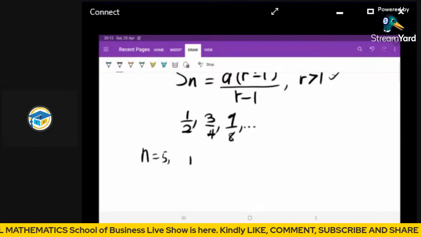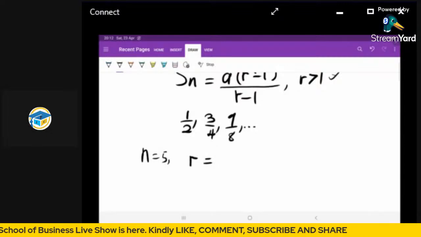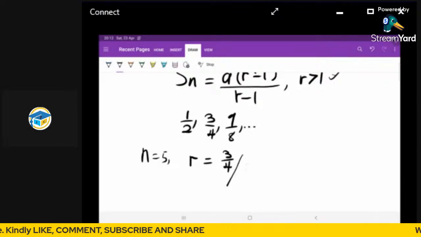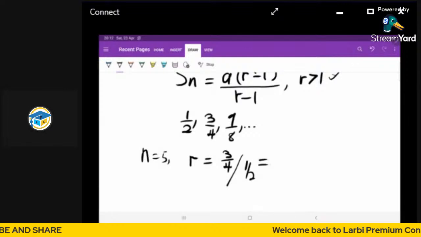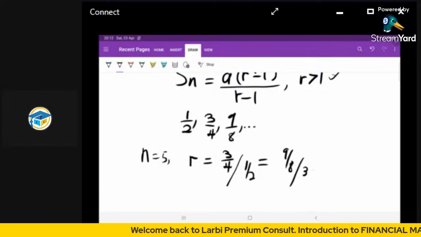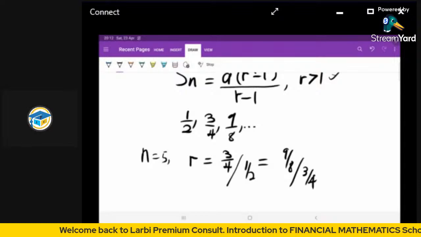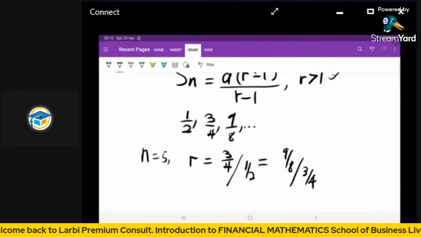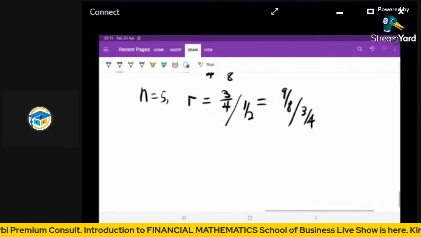And for us to find our common ratio, it is going to be 3 out of 4 divided by 1 out of 2, which is the same thing as 9 out of 8 divided by 3 out of 4. I believe that is clear. So at this point, with the help of the calculator, let's see.